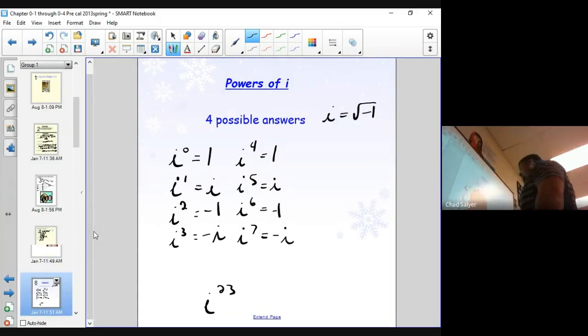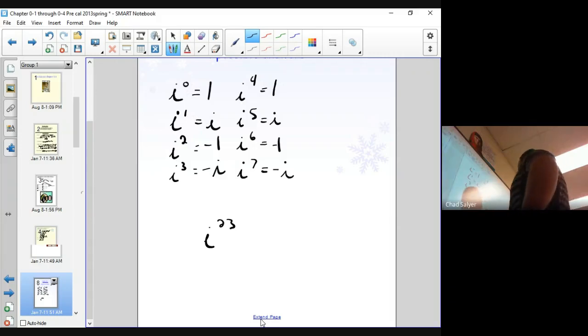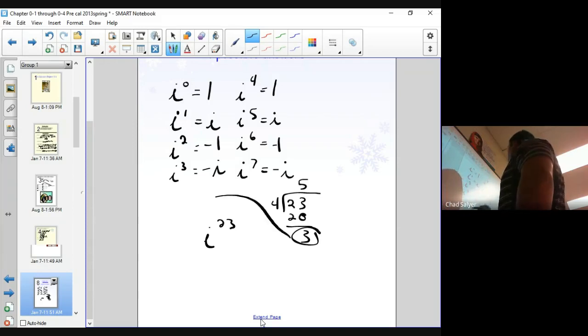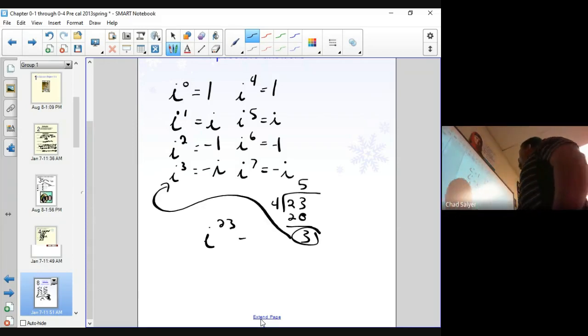So i to the 23rd power, if I divide 23 by 4, 5 times 4 is 20, and that leaves us with the remainder of 3. So I come over here, and I know that this is the same as i to the 3rd power, because the remainder is 3, and so it's -i.